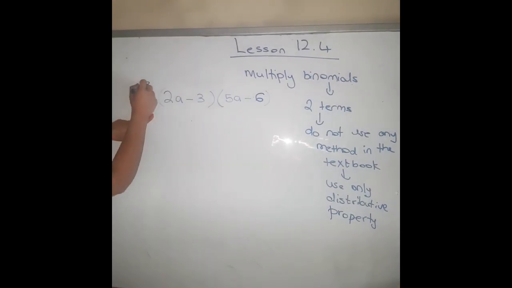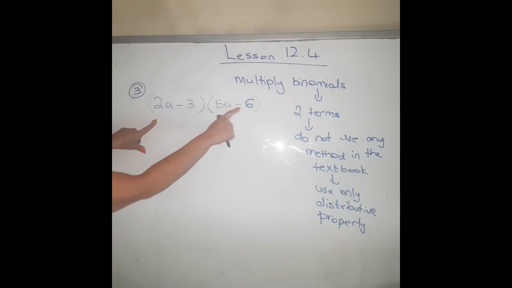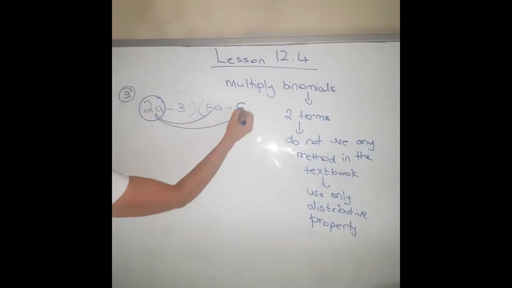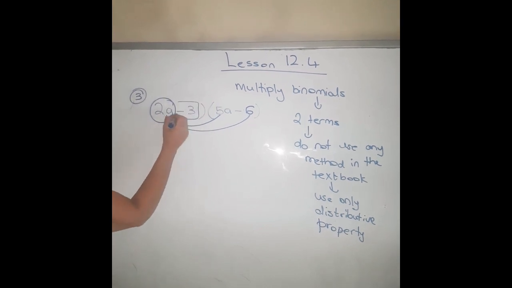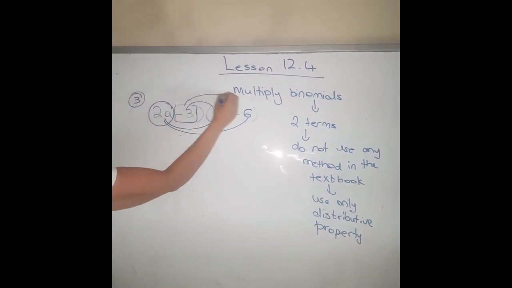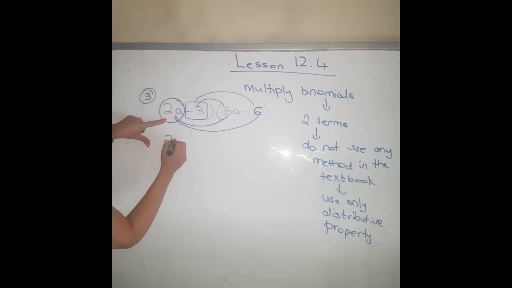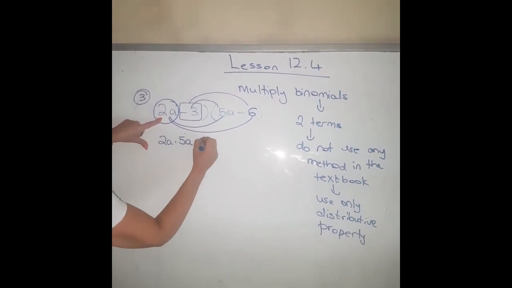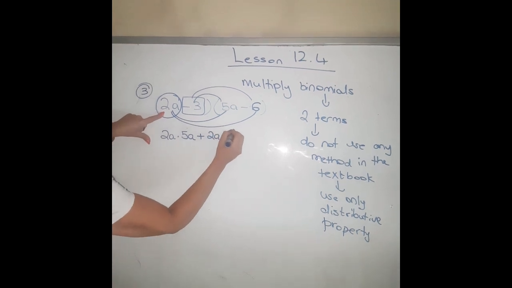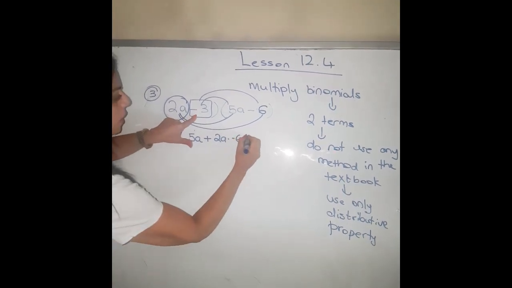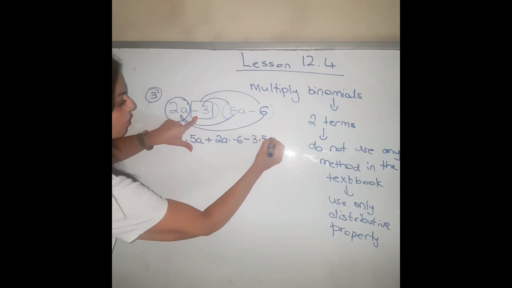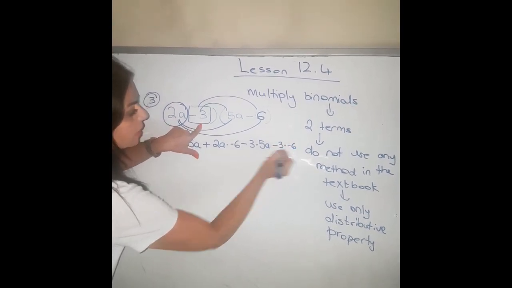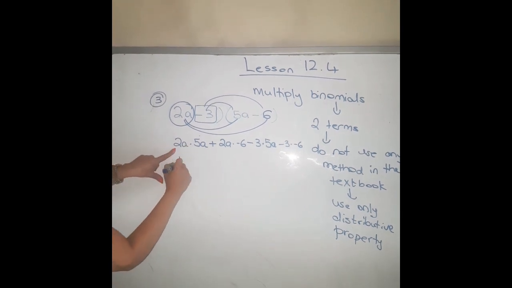The third example we have is 2a minus 3, 5a minus 6. Again, the first term, I multiply it into the second parenthesis. The second term, I multiply it into the second parenthesis. 2a times 5a plus 2a times a negative 6 minus 3 times 5a minus 3 times a negative 6. 2 times 5 is a 10.